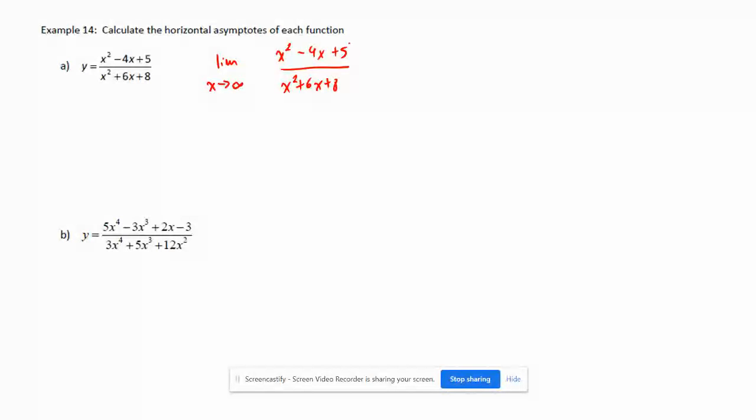Now guys, if you remember from our limits unit, x squared is the highest exponent that we have, degree 2. I'm going to multiply the top and the bottom by 1 over x squared. That gives us the limit as x approaches infinity of (1 minus 4 over x plus 5 over x squared) over (1 plus 6 over x plus 8 over x squared).